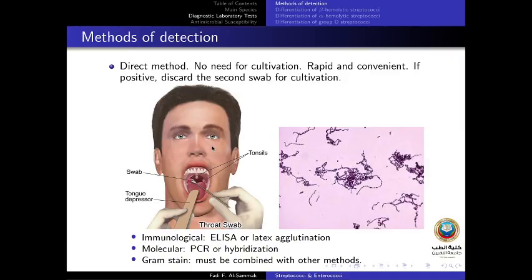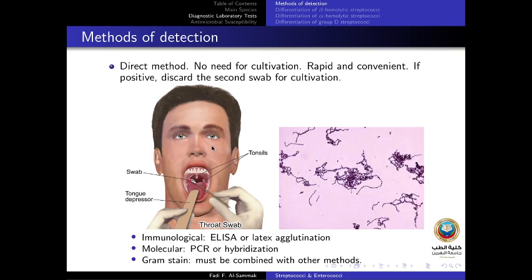In the direct method, if it is successful and positive, it will be fine to do the identification. However, sometimes the microorganisms collected by the direct method or by the first swab won't be sufficient to have a positive result. Therefore, the second swab will be useful and handy in this case.